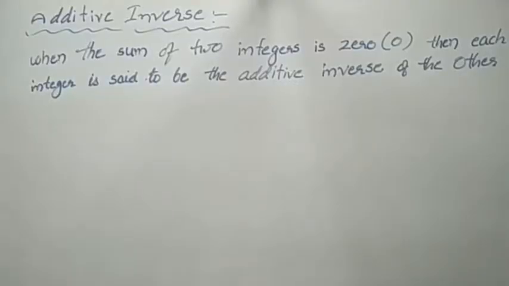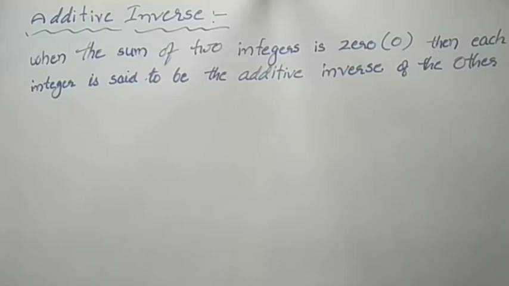Additive inverse. Let's take an example from general life. Suppose while you're talking with your friends, your friend says the opposite of what you say. Suppose you say yes and your friend says no. Then you would say that he is talking in reverse, inverse.